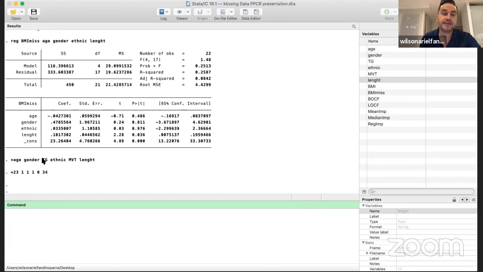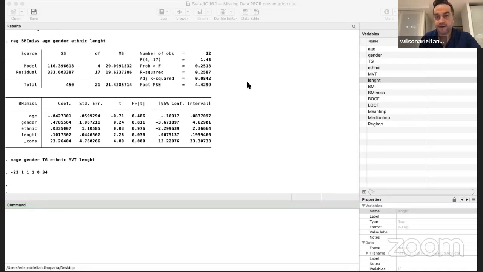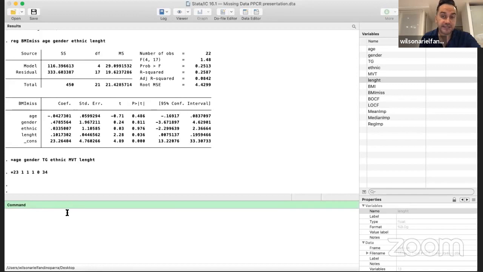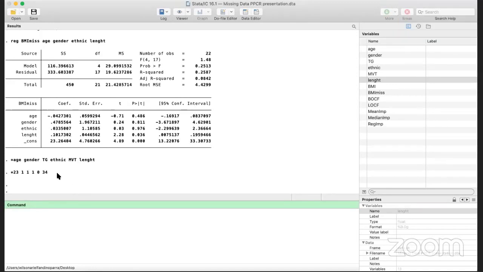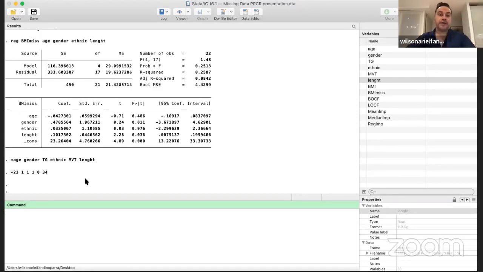I don't know if that makes sense. And this is only for the first patient, so you have to do it for every single patient. As far as I know, there is no way to do this. If you have 20 missing data, you have to do this 20 times.